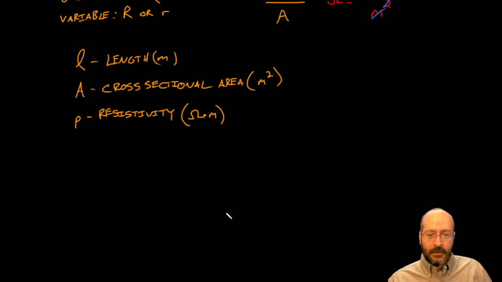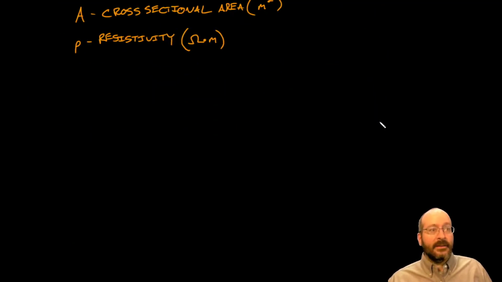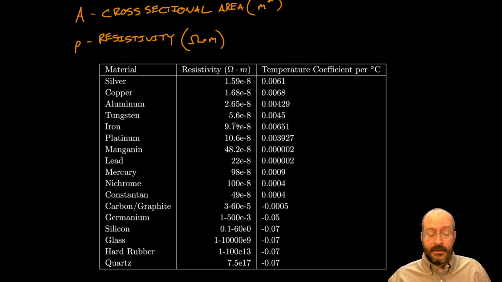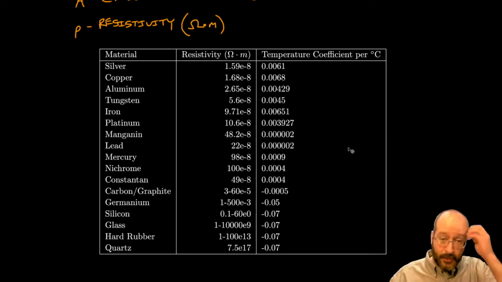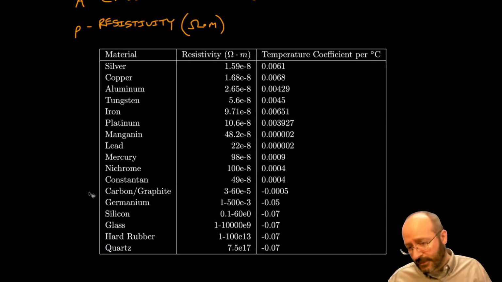So let's scroll down here, and I'm going to get a nice table of material types, just so we get an idea of the magnitude of some of these quantities. Okay, so here's a table of different material properties. So for right now, we're focusing on the first two columns.